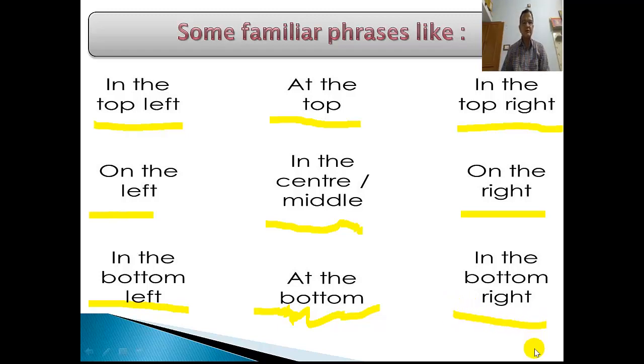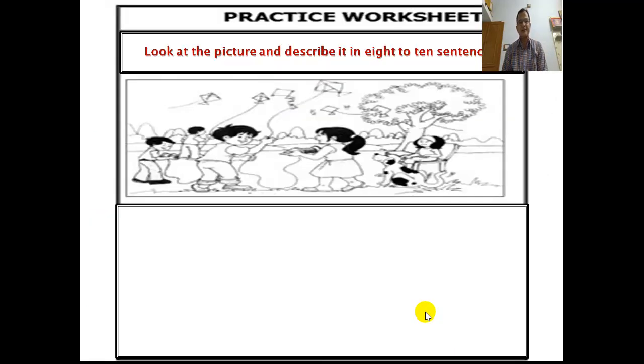Now see this picture description. This is the picture of a favorite festival, Uttarayan. It is also called Kite Flying Day. On the background we can see a large mountain range.